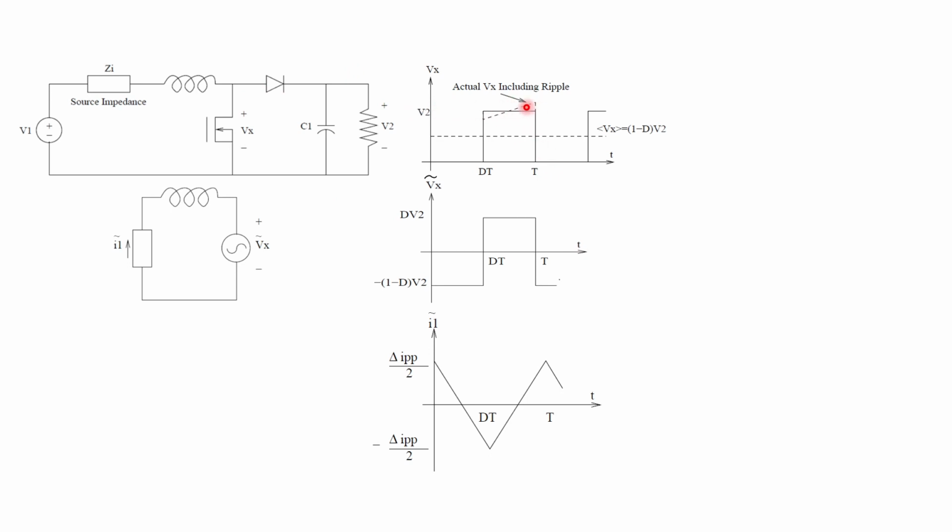Okay, and again here the actual waveform looks like this, because we choose a limited C. But anyway, we analyze using this idea. Then we just try to find the fluctuation of voltage with respect to the average.